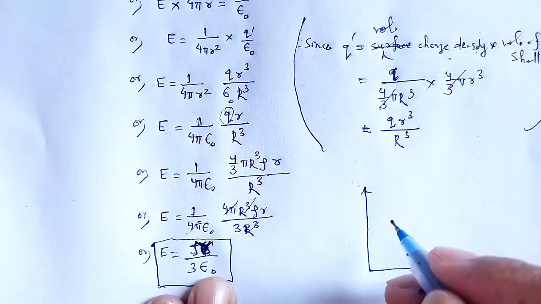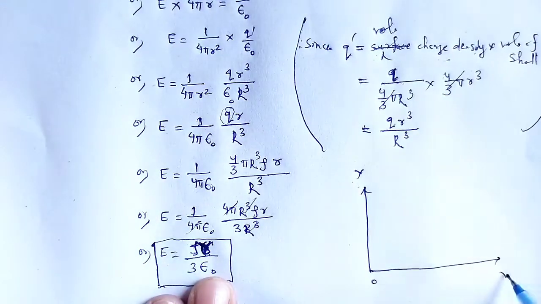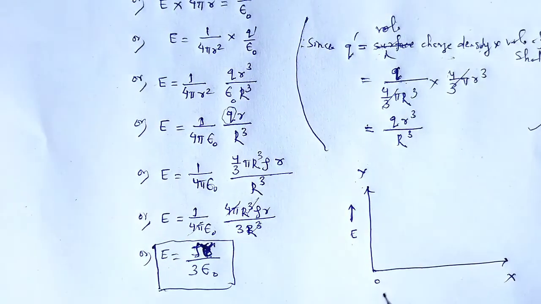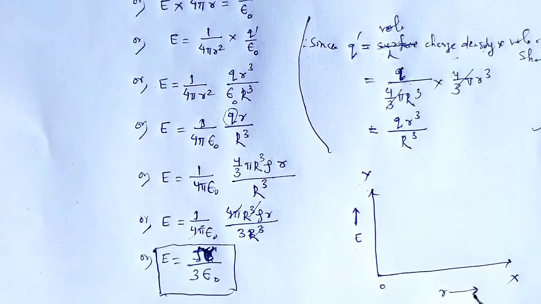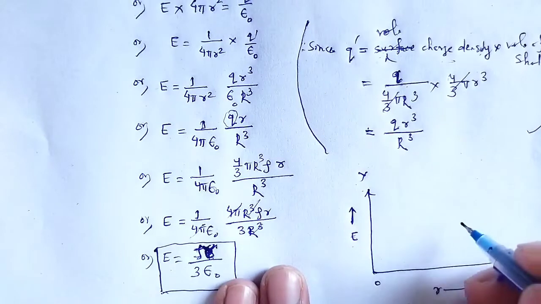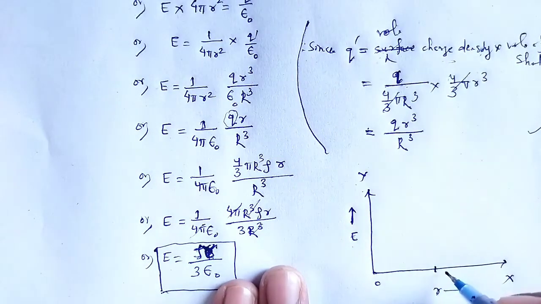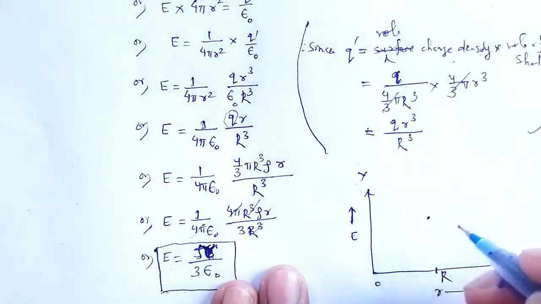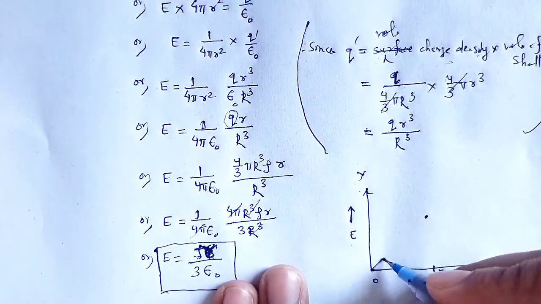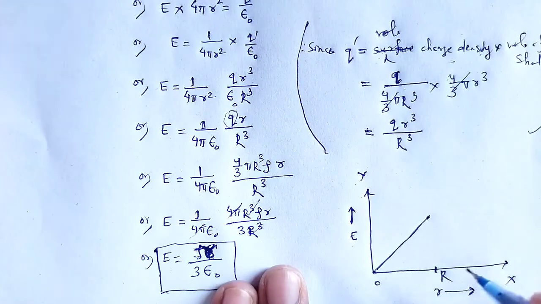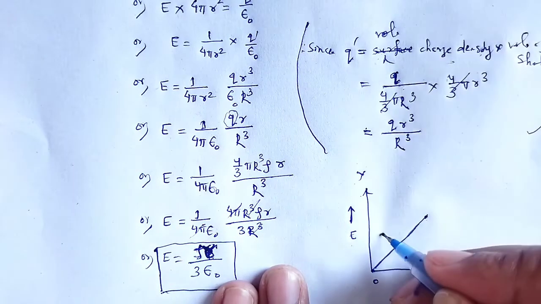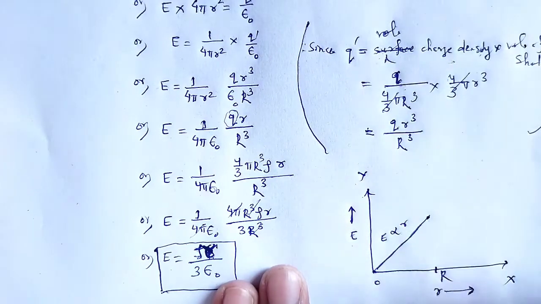If we plot the graph between electric field intensity along the y axis and distance along the x axis, then the graph looks like this. At r equal to capital R, that will be the maximum point, and it gradually increases below that, inside the surface, where E is directly proportional to r.